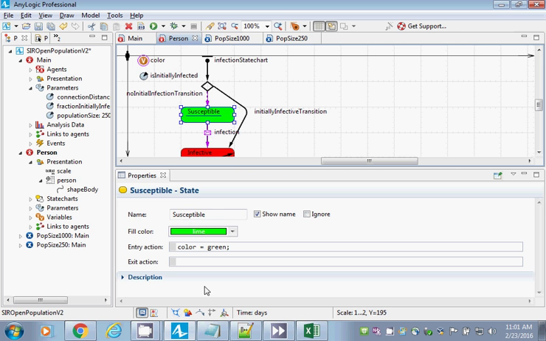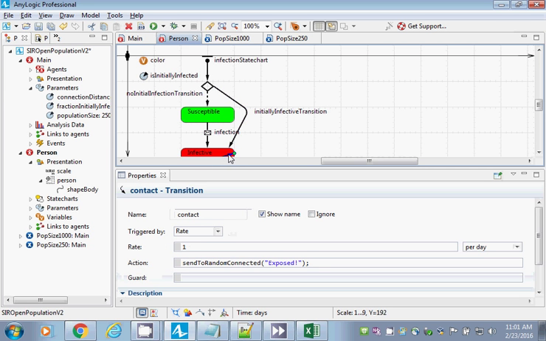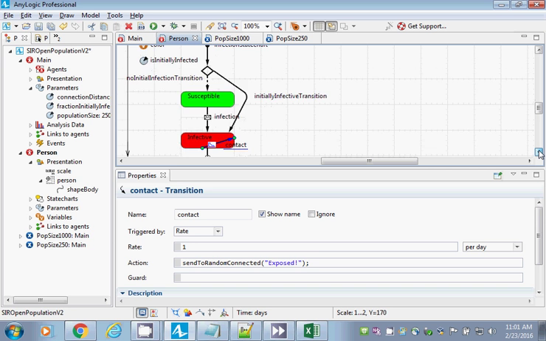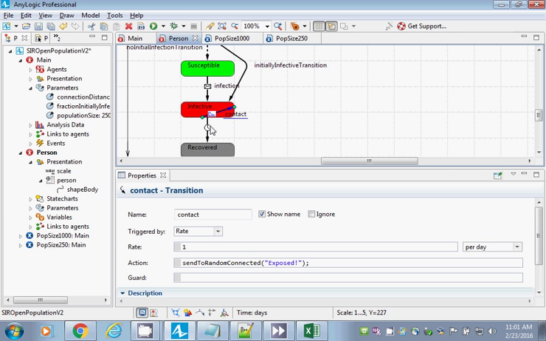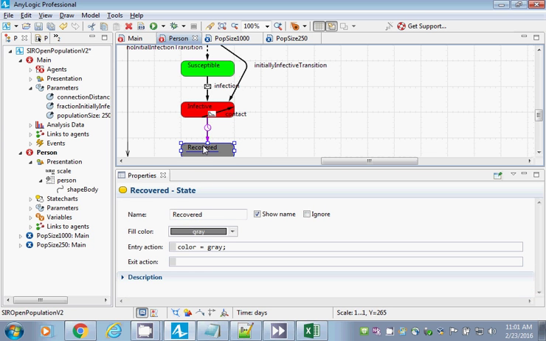So once they enter here, for example, their color is set to green, or enter here, their color is set to red. If they are entering this state here with a certain rate, they'll have contact with others, and then they will go on eventually after exactly 3 days to recovered. And they go on and start to proceed in their life.